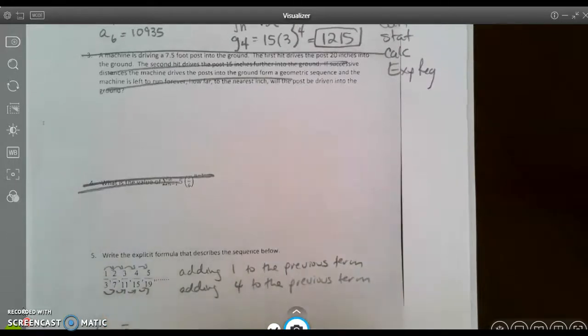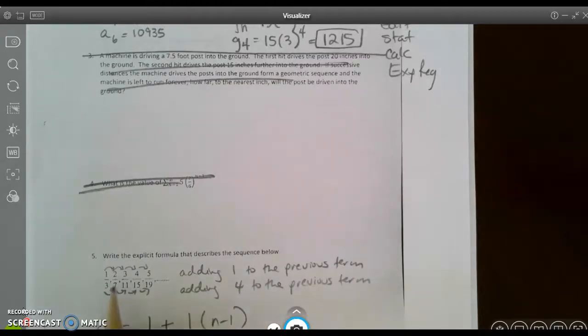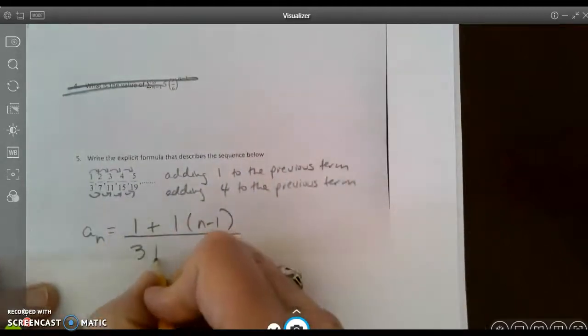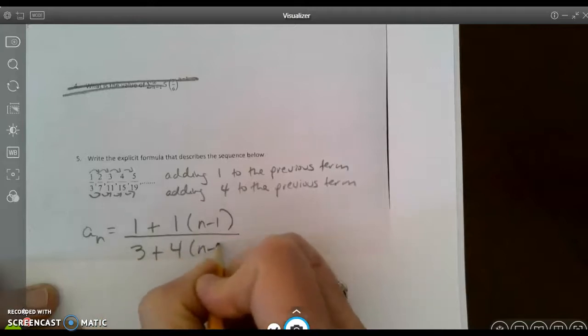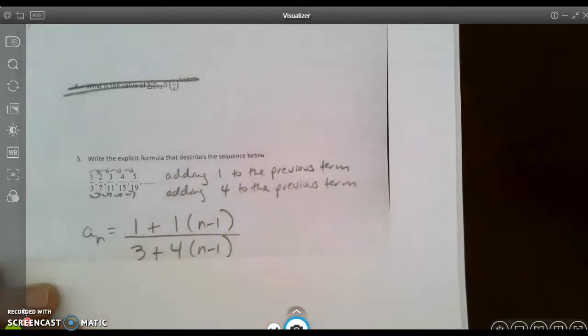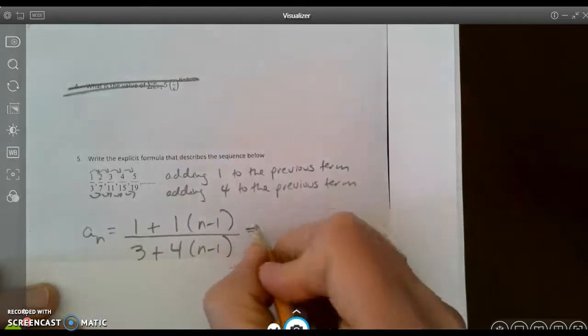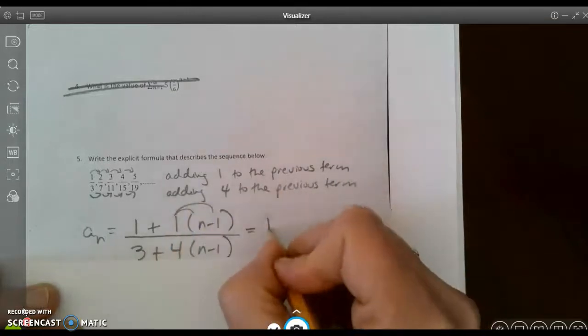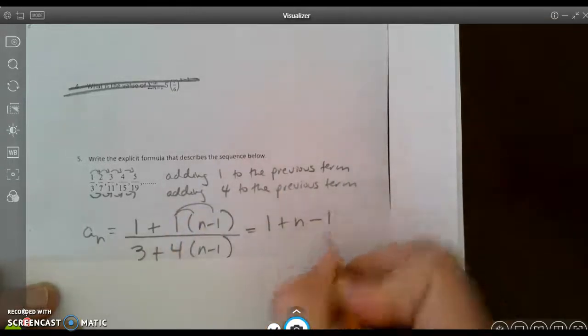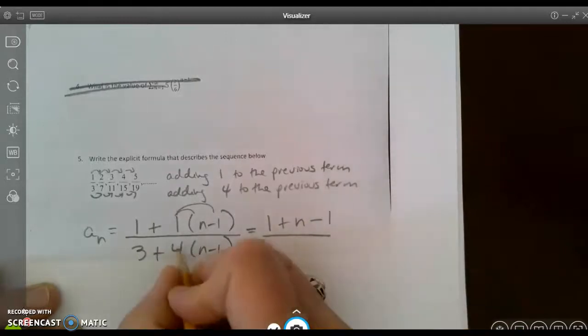The numerator is going to be 1 plus 1 times n minus 1. And my denominator is 3 plus 4 times n minus 1. I'm going to distribute and get 1 plus n minus 1 in the numerator.